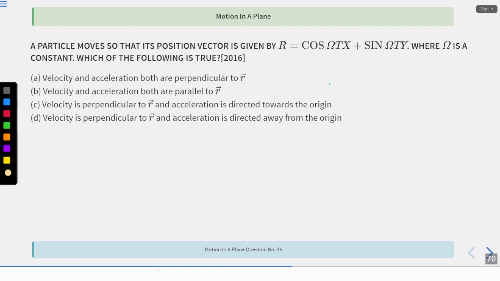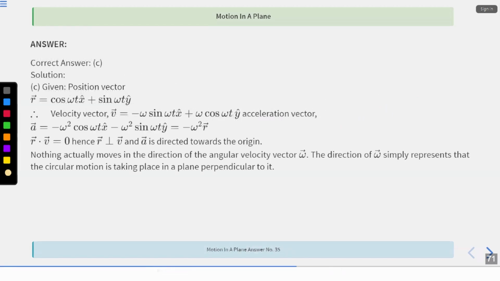Our options revolve around velocity and acceleration, so the smart thing to do is quickly calculate them. We know r, so tracing back to motion, we'll differentiate it. After differentiating, you'll get this as your velocity and this as your acceleration.